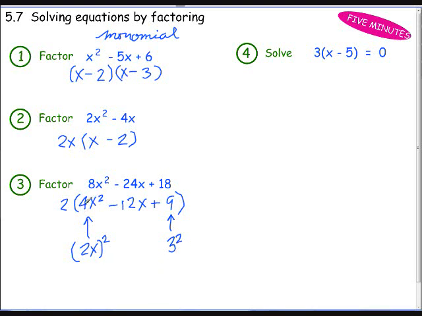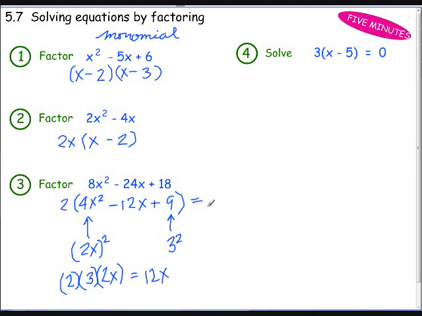You take the square root of this, which is 2x, the square root of this, which is 3, and you double it, because it will happen twice. And if it turns out to be 12x, then you know you have a perfect square trinomial. So this will factor further.